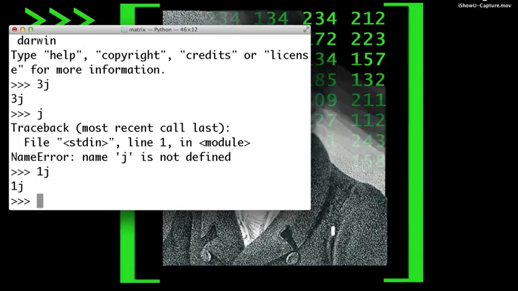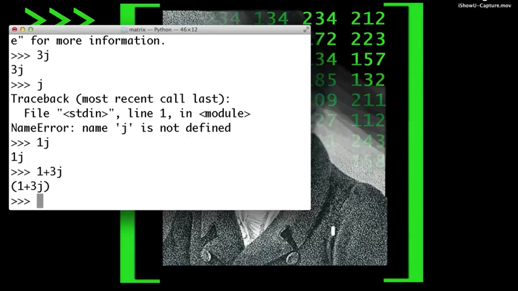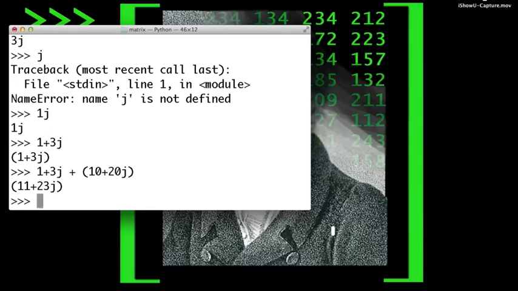Now, we can use the usual arithmetic operations, such as plus, minus, times, and divide. And they work pretty much as you'd expect.